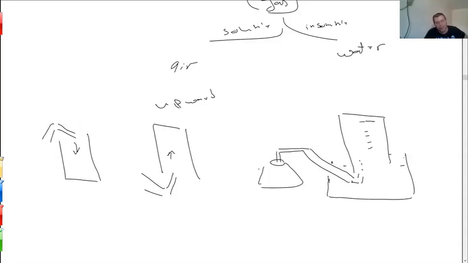This one, because the gas is denser than air, is counted as downward delivery. Both of them are counted as air displacement. This one is counted as water displacement.